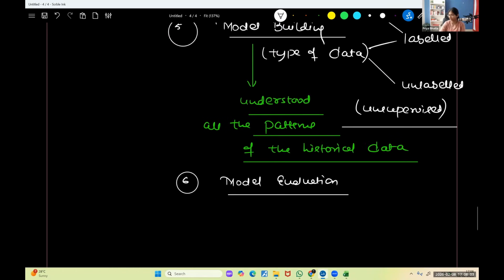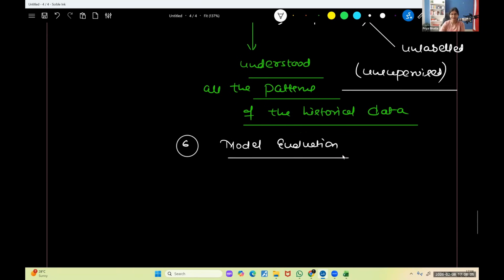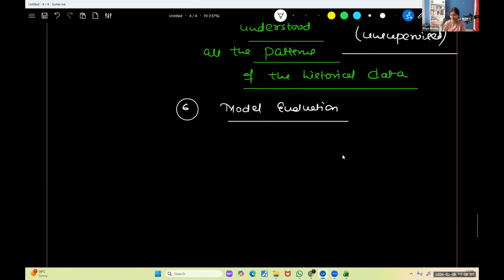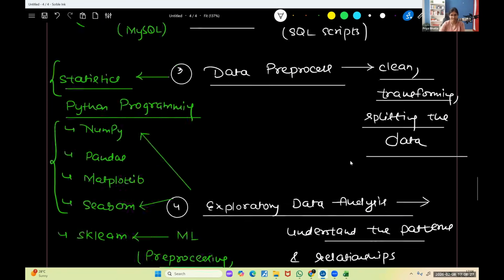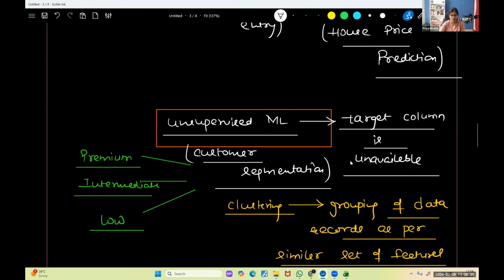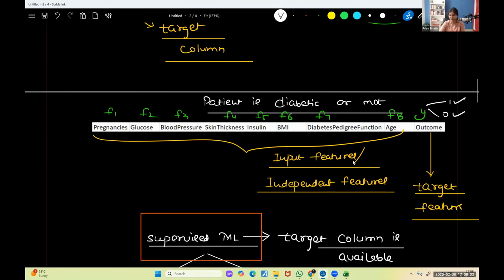What is the meaning of model evaluation? It simply means that now you have a model which will give you the prediction, but you also have the target actual value. For example, you are inserting feature F1, feature F2, till let's say feature F8.